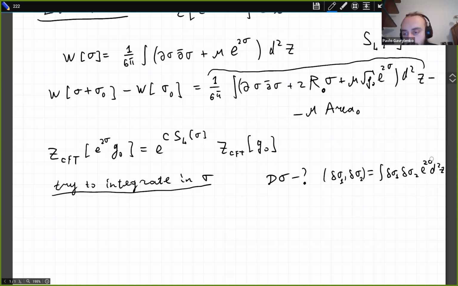So that's the only measure which we can write. And the problem is that it is nonlinear. So we then should require that the integral over d delta sigma of e to minus the norm of delta sigma equals 1, and this leads to some nonlinear measure.